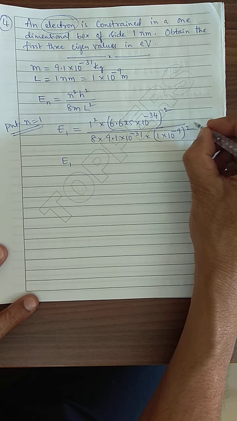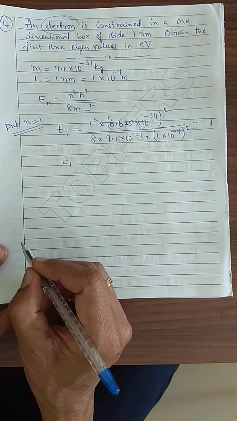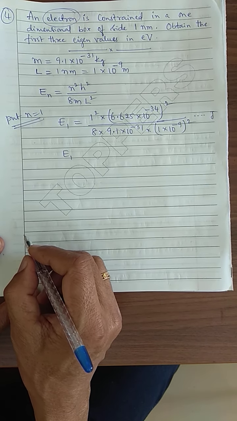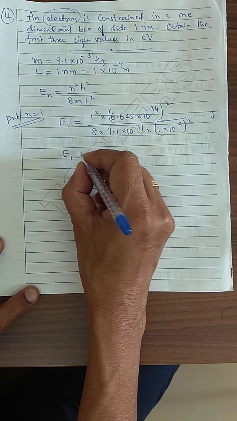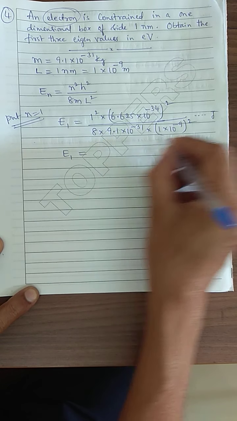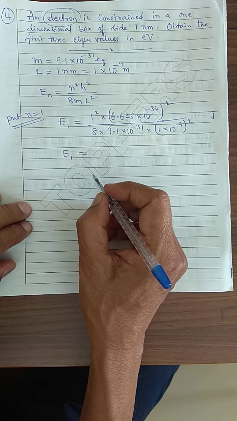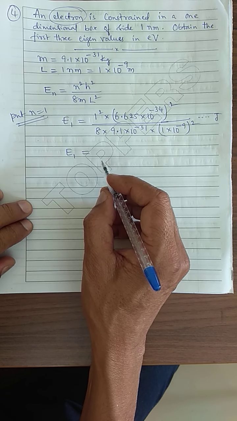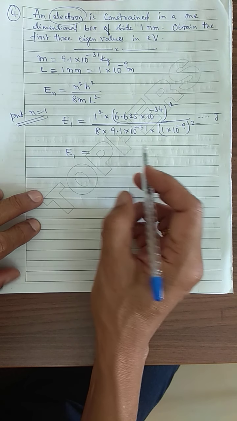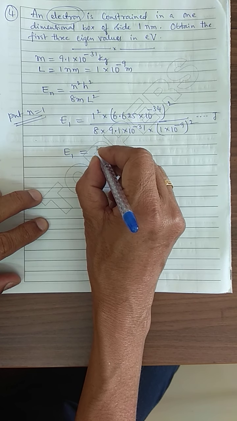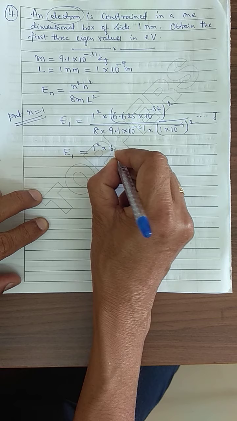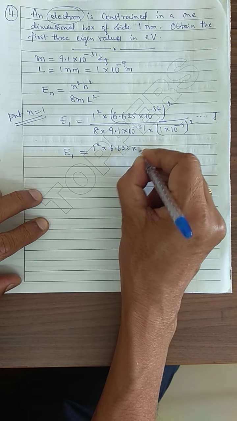In terms of joules, whatever we got here, that joules divided by 1.6 × 10^-19 has been converted in the form of eV. So I can write 1 square, 6.625.